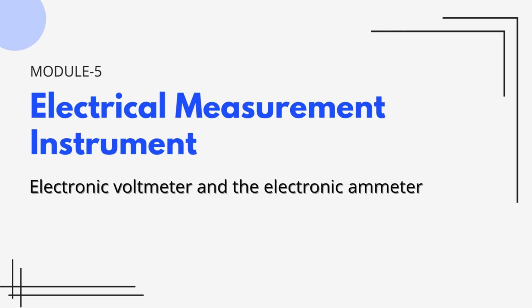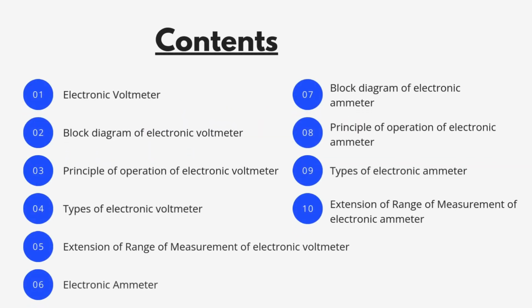In today's topic, we will focus on the following topics: electronic voltmeter, next the block diagram of electronic voltmeter, which will be followed by the principle of operation of electronic voltmeter. Then we will discuss about the types of electronic voltmeter, then the extension of range of measurement of electronic voltmeter.